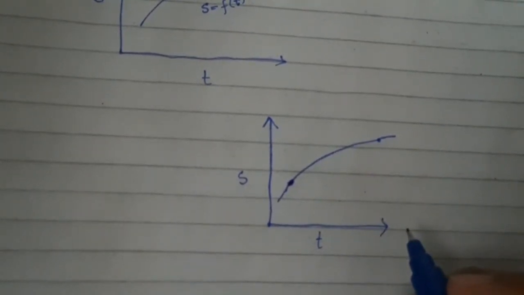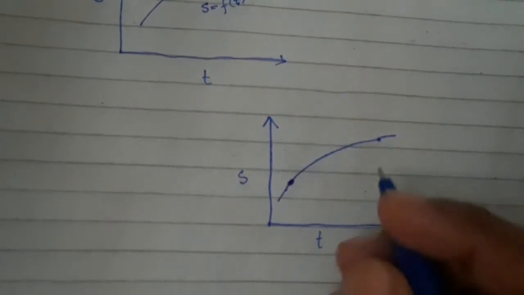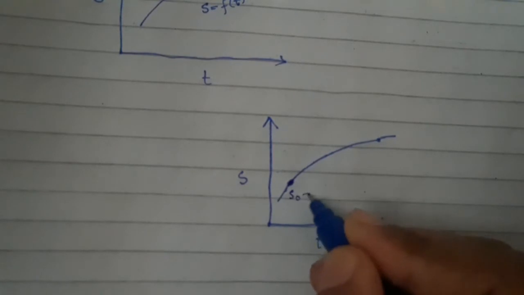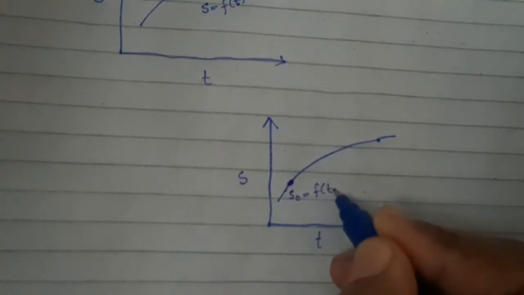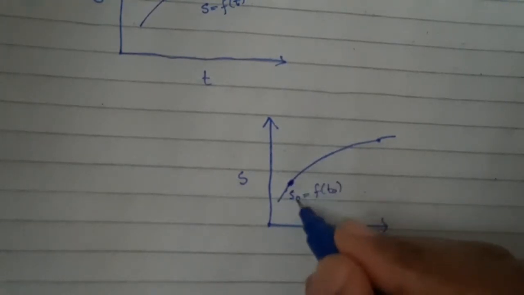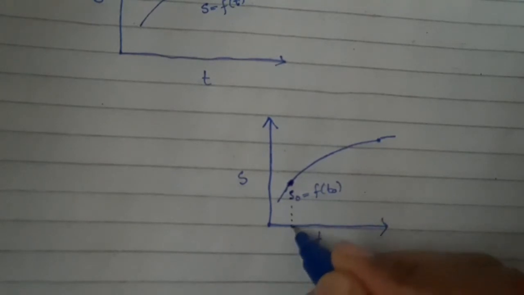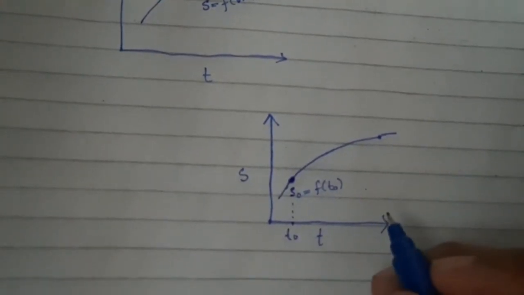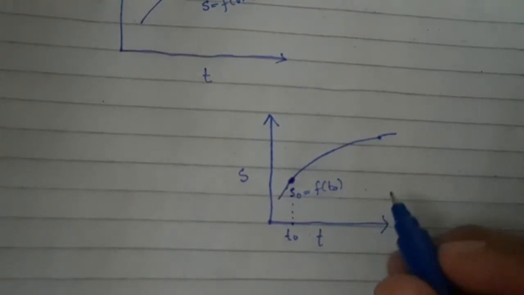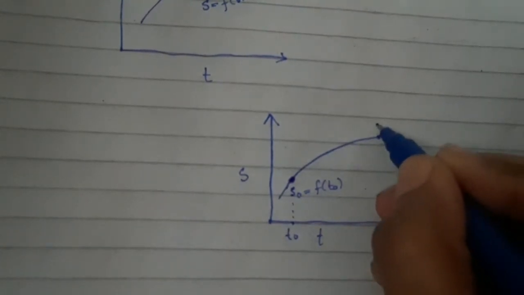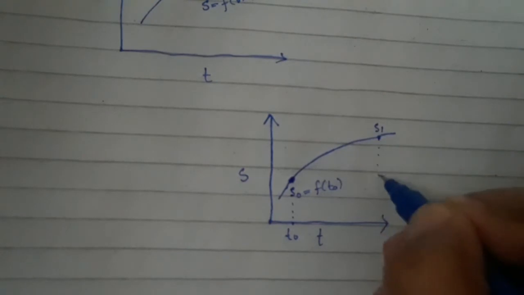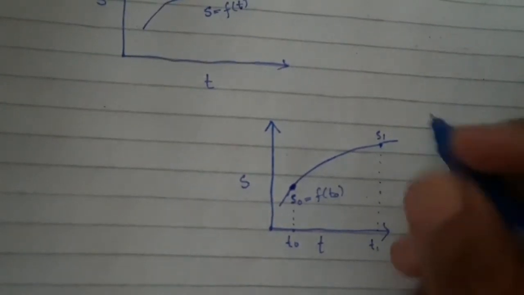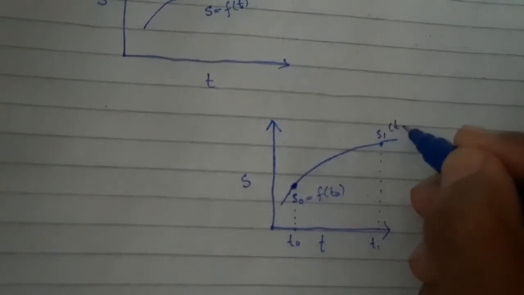Let me say that the coordinate of the car, that is s0, is equal to the function of t0 at instant t0. Let me call this t0. So the coordinate was s0 at time t0 and another coordinate be s1 at time t1, which is a function of t1.